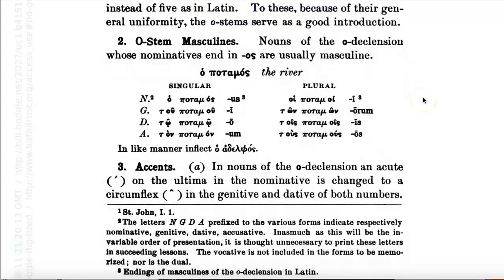Okay, paragraph 2, O stem masculines. Nouns of the O declension whose nominatives end in os are usually masculine. When we talk about the O declension, each noun could be masculine, feminine, or neuter.